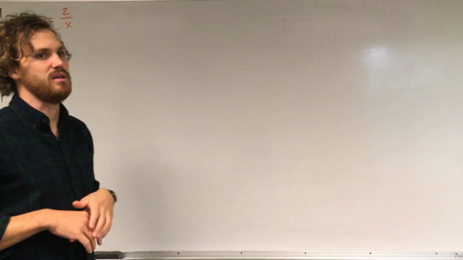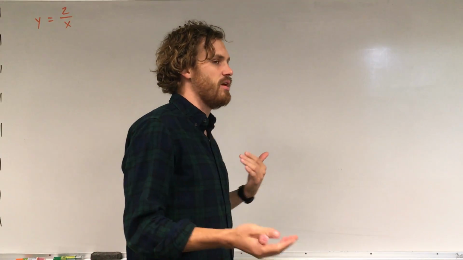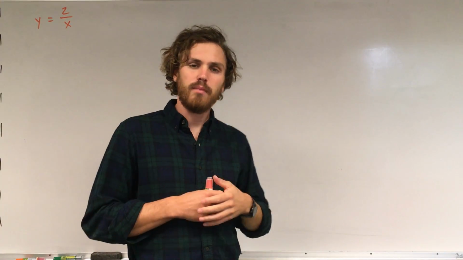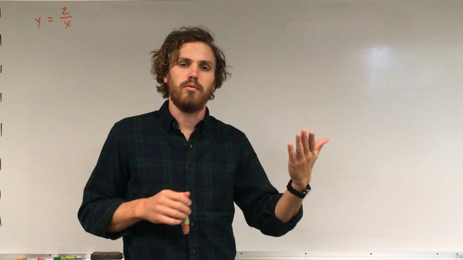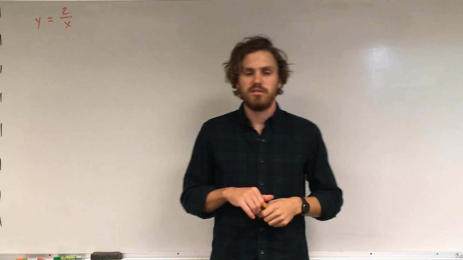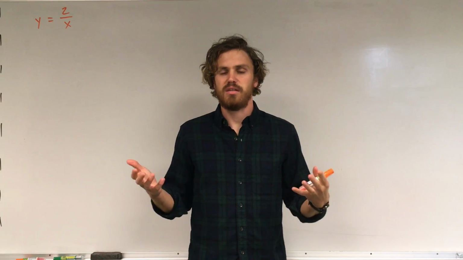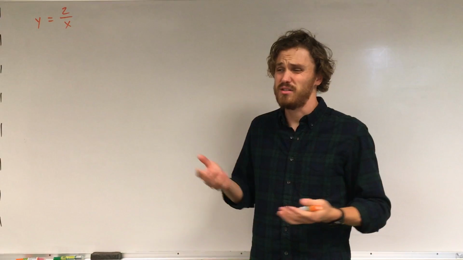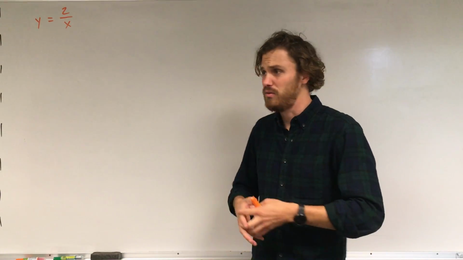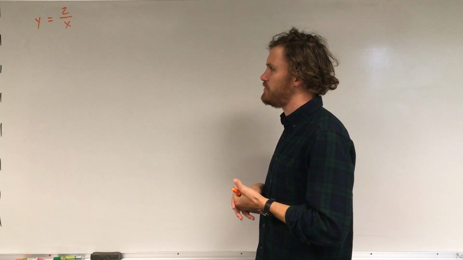Boom, here's a relation. Is it a function? Is it not a function? I don't know. So what we want to make sure that we can do with these equations is represent them in multiple ways, because representing functions in multiple ways is going to help us understand what's even going on with these functions, and whether they're even functions at all, and whether we care about them. Who knows?